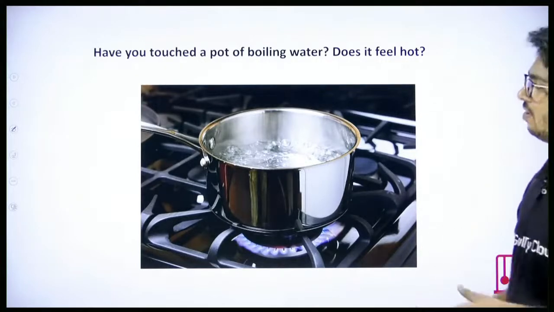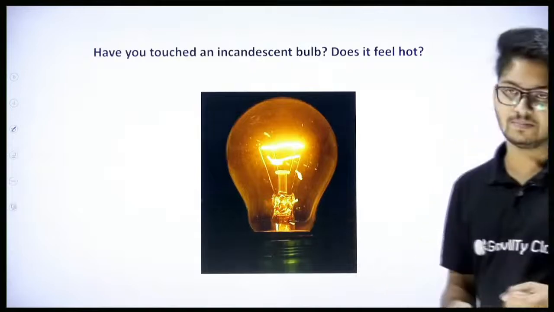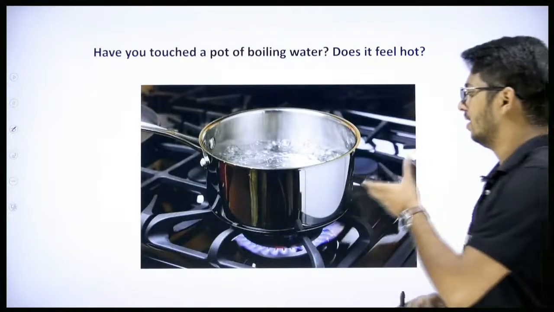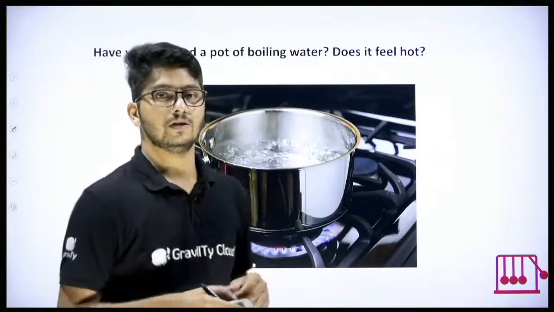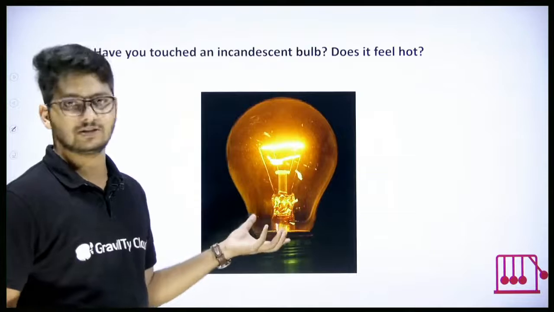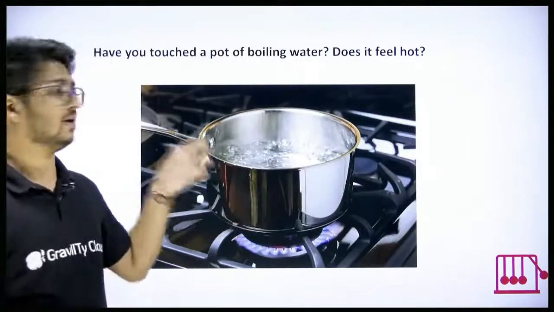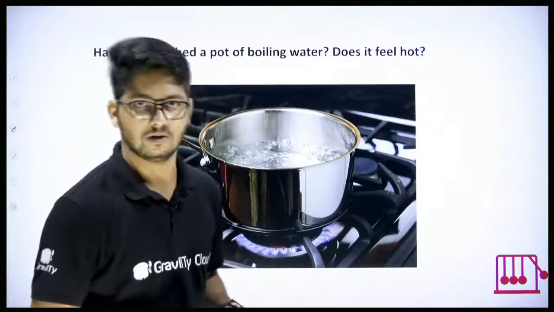Then I'll go into this. Have you touched a pot of boiling water? So here you have an incandescent bulb. Then here you have a pot of boiling water. When you touch the bulb, you will feel that the bulb is hot. When you touch the boiling water, then also you will say that the boiling water is hot.